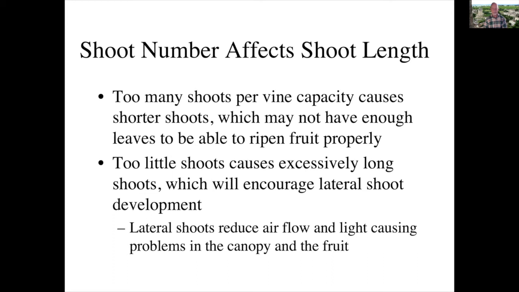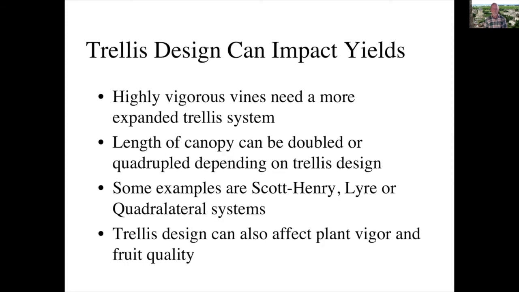And lateral shoots are not desirable. They tend to reduce the airflow and the light penetration into your canopy, which causes problems for disease as well as the quality of your fruit. Trellis design is an important way to control your yields. Highly vigorous vines may need a more expanded trellis system.